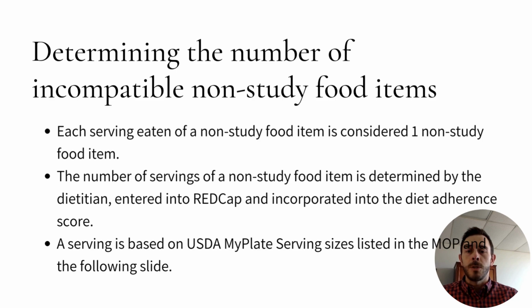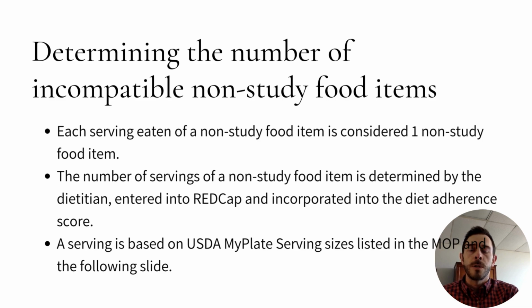So how is that determined? Often this may require gathering a bit more information from participants based on their DDAL report. Depending on how much detail they've provided, it's up to the staff to gather enough information that will allow them to determine whether or not this represents a serving size which would equate to a study item.